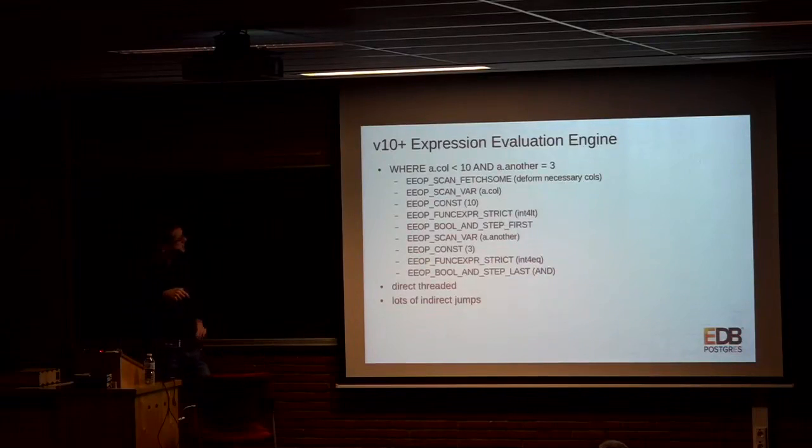And then we again need to evaluate some AND expression-specific stuff. It's interesting that for most of these, we have a big function that evaluates this, and it is basically a switch over the opcode. Once it's done, it will jump to the next expression, to the next expression, to the next expression. Most of those are unconditional jumps, but there will be indirect jumps, because our evaluation function doesn't know that after fetch, the next one will always be a scan, and so on.